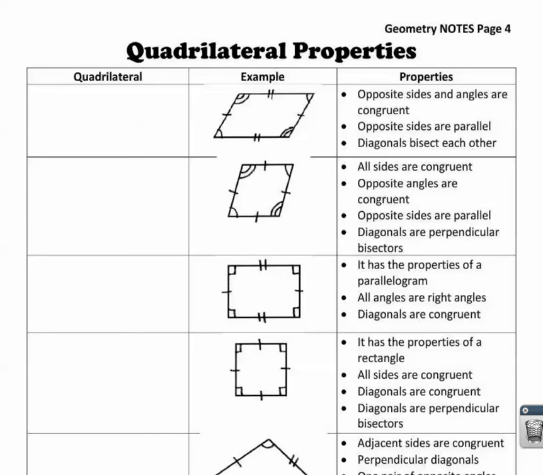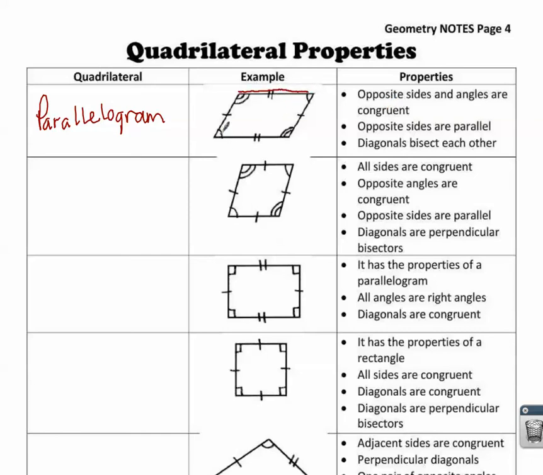Let's look at quadrilateral properties on the next page. Some of these you have seen. For example, this shape here is called a parallelogram. A parallelogram has its opposite sides and angles congruent. So here are its opposite sides.